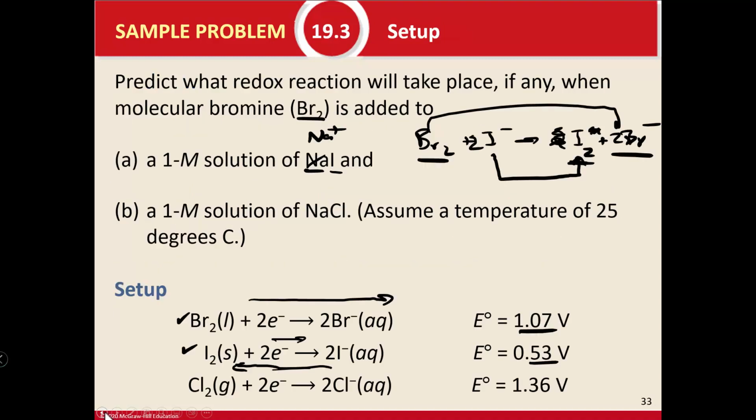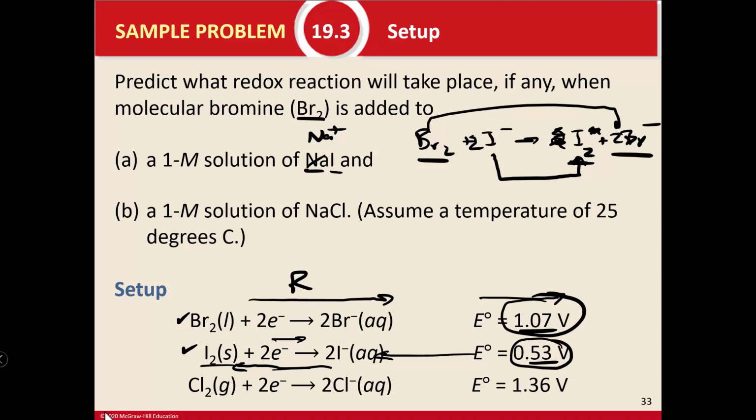Here's what I said. This is larger. This reaction will go in the forward direction. So the bromine will be reduced. And that forces this reaction to go in reverse, because then the iodide ion has to be oxidized. Because this number is smaller than this number, yes, the reaction will happen.